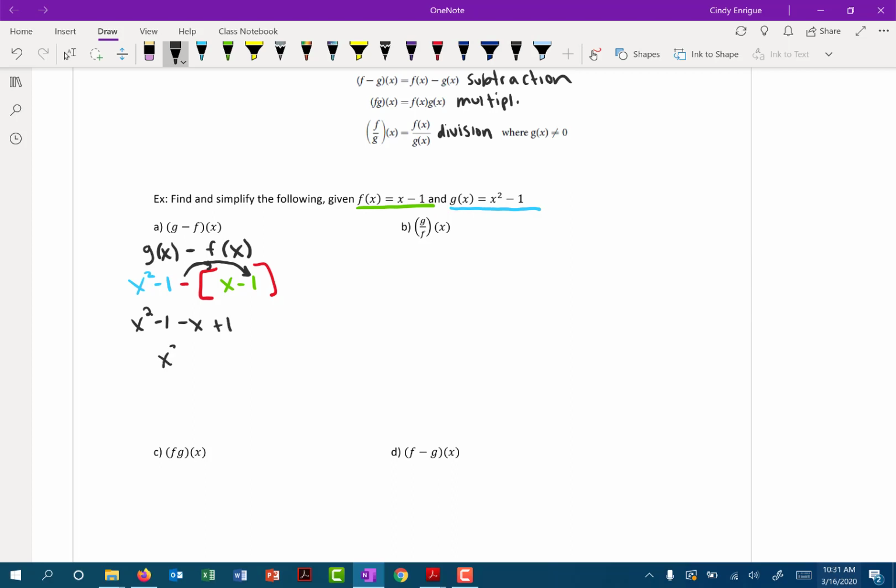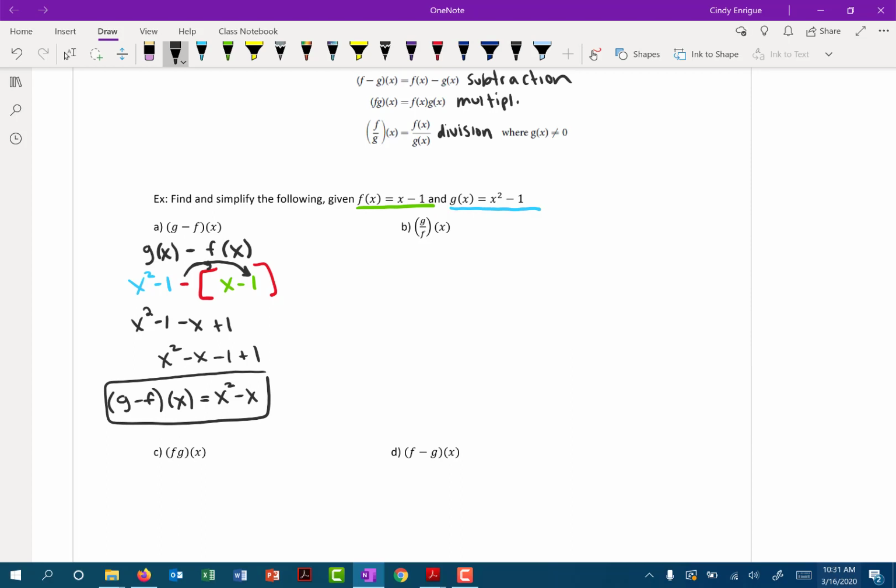So I'm going to have x squared minus 1, minus x, plus 1. So I know that g minus f with respect to x is going to give me x squared minus x, since negative 1 plus 1 gives me 0.